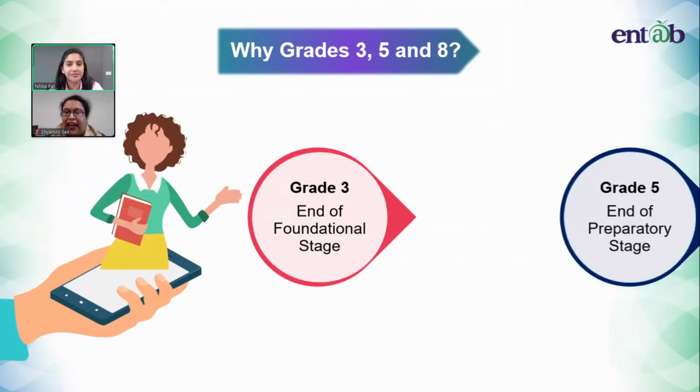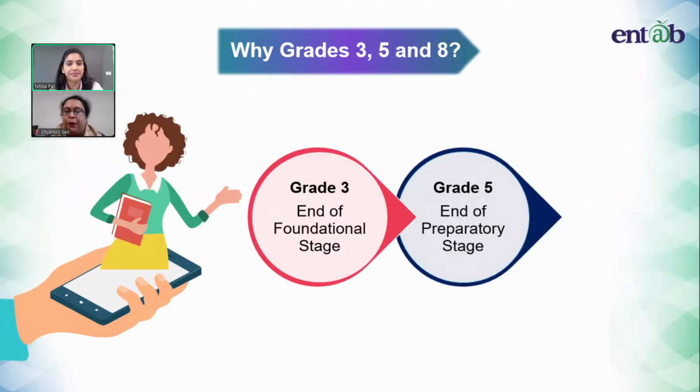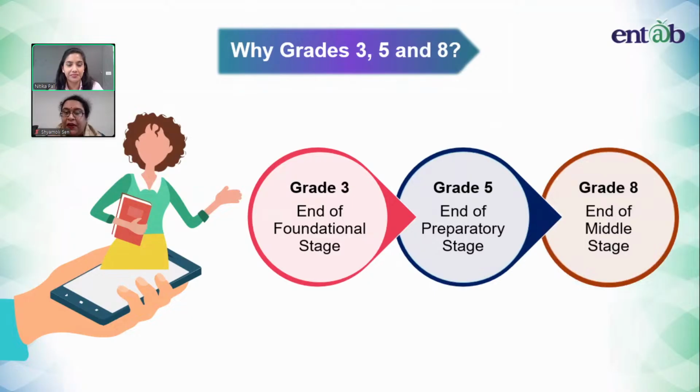At grade 5, which is the end of the preparatory stage, he has already acquired the basic skills, while at grade 8, that is the end of the middle stage, a student is ready to take up the advanced studies. So, that is why these grades have been selected by CBSE.